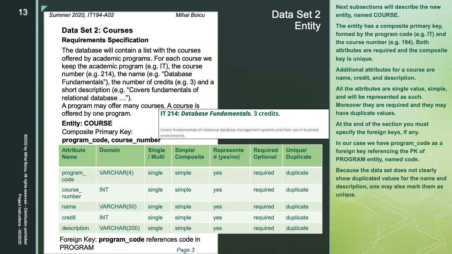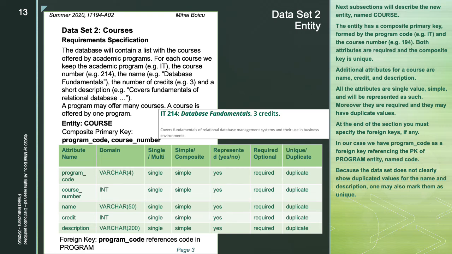Additional attributes for a course are name, credit, and description. All the attributes are single value, simple, and will be represented as such. Moreover, they are required and they may have duplicated values. At the end of the section, you must specify the foreign keys, if any. In our case, we have program code as a foreign key referencing the primary key of program entity named code.